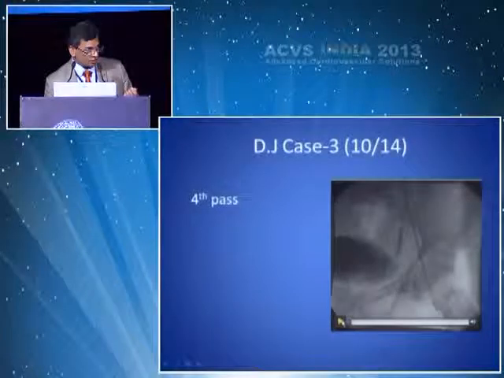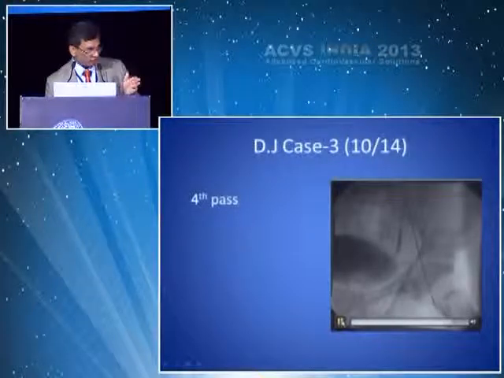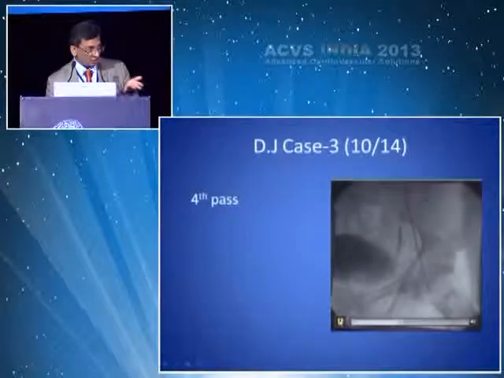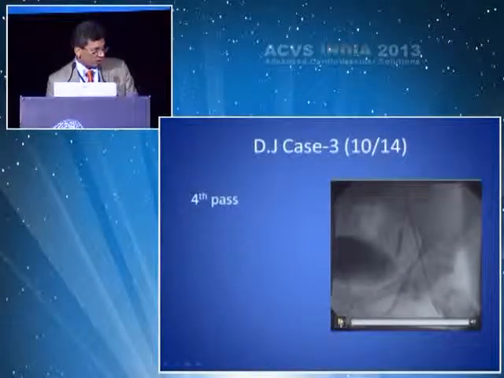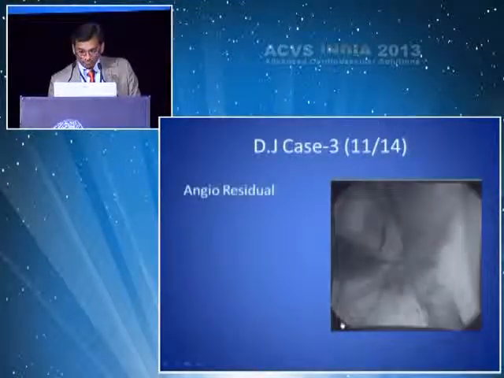The technique, since it's a monorail bent system, is to do a quarter turn and see how much it turns, let it take the turn, and slowly but steadily you can selectively go after residual plaque, just the plaque. That's the technique to avoid dissections and perforation.